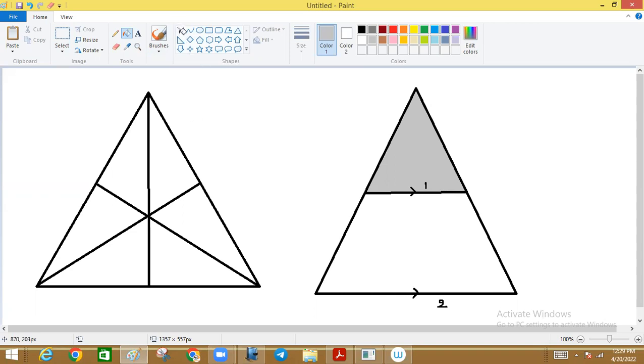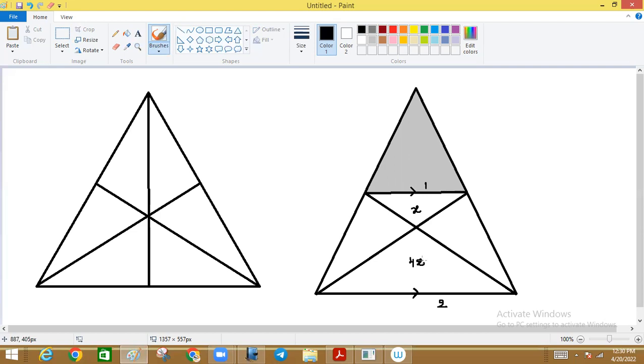And see here. If I draw these two lines, again 1:2, these two triangles are also what? Similar triangles. Sides are in 1:2 ratio. If this area is x, this area is how much? Can I say 4x?